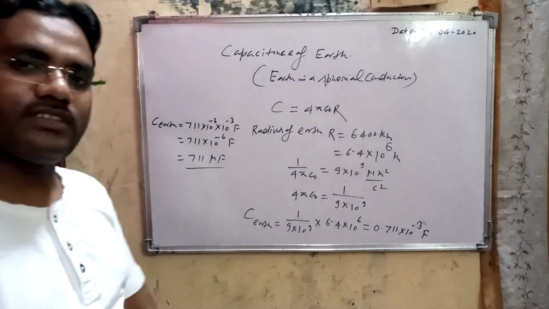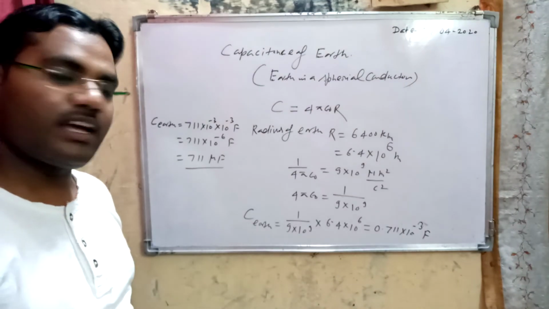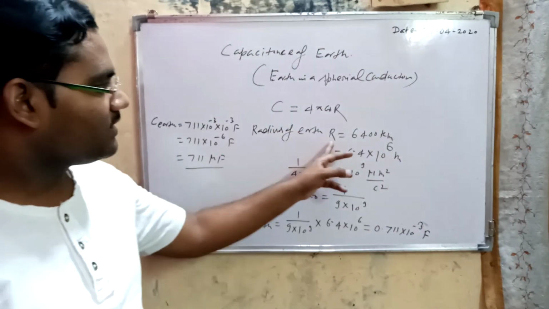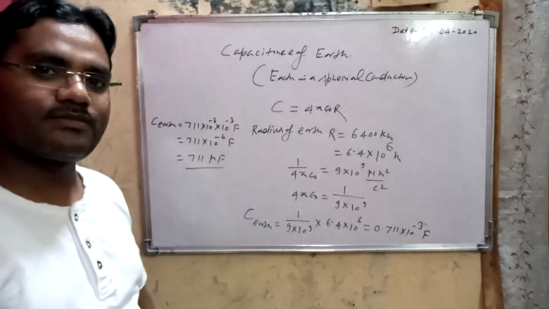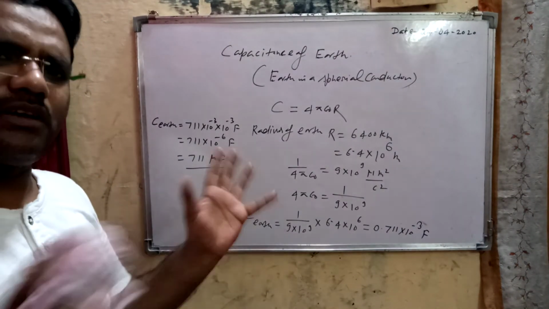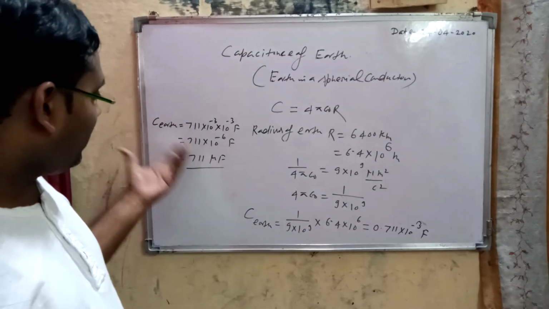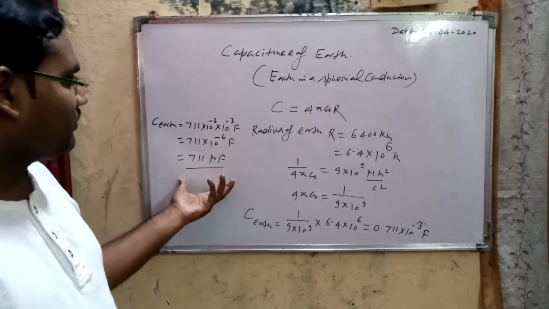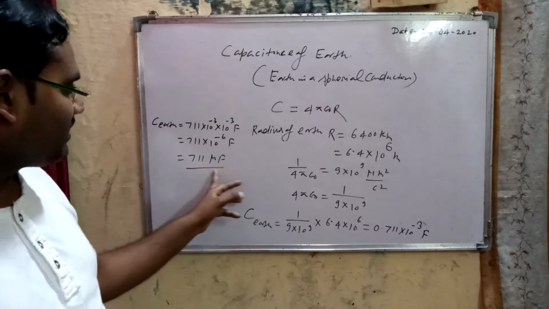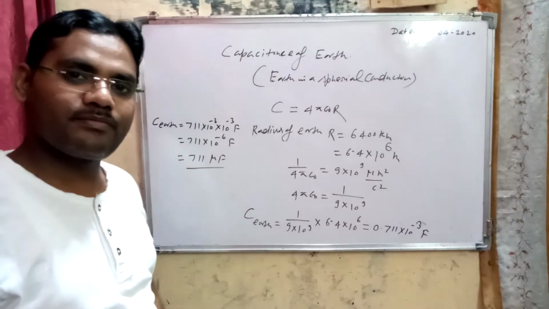On Earth's surface there is no conductor with a radius equal to the radius of Earth. That means Earth is a very big spherical conductor, and this very large spherical conductor has a capacitance of 711 microfarad.